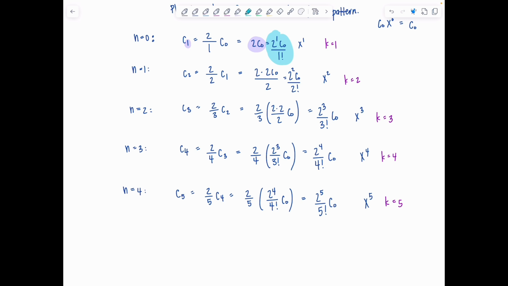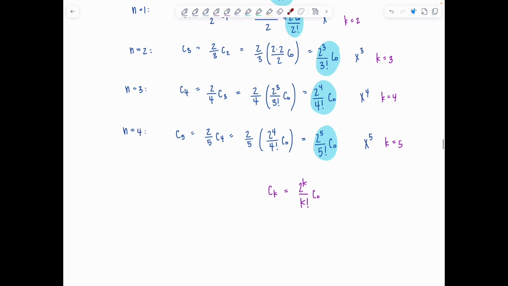See if you can find a rule on what c sub k is, just the coefficient part. Can you do it? C sub k is, yes, 2 to the k over k factorial times c naught. And then all we need to do when we write our power series is attach x to the k. So that's my solution.